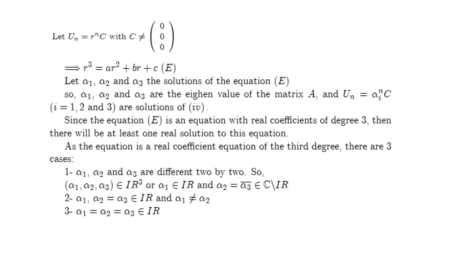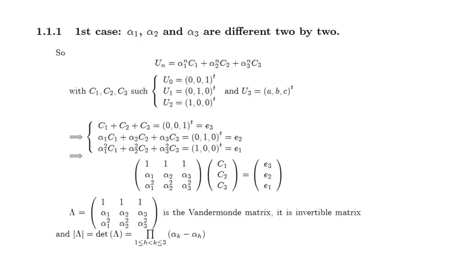So let alpha 1, alpha 2 and alpha 3 be the solutions of the equation E. So also alpha 1, alpha 2 and alpha 3 are the eigenvalues of the matrix, and U_n.